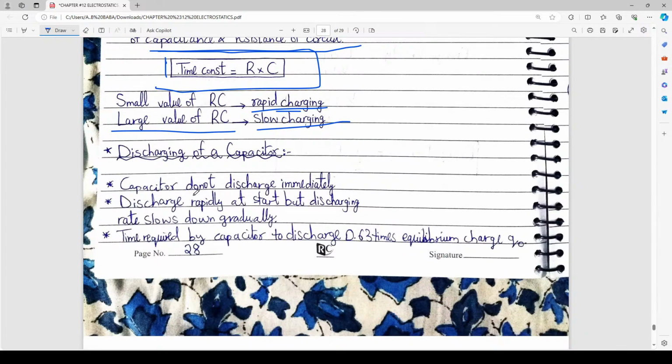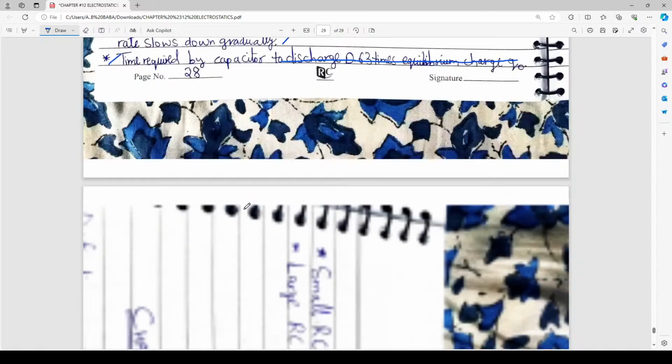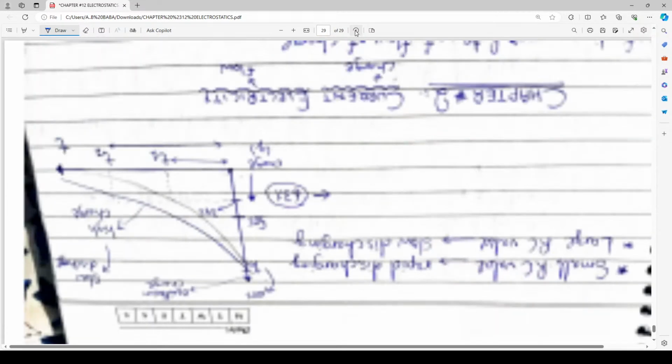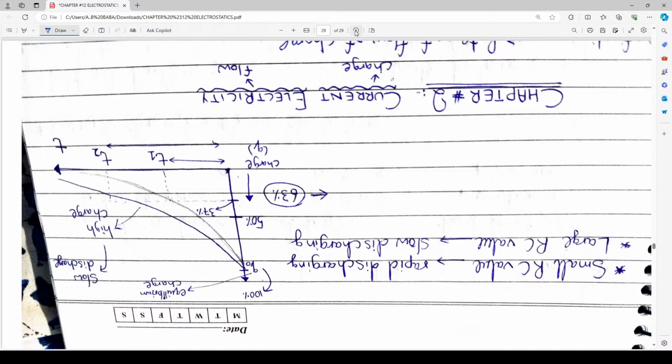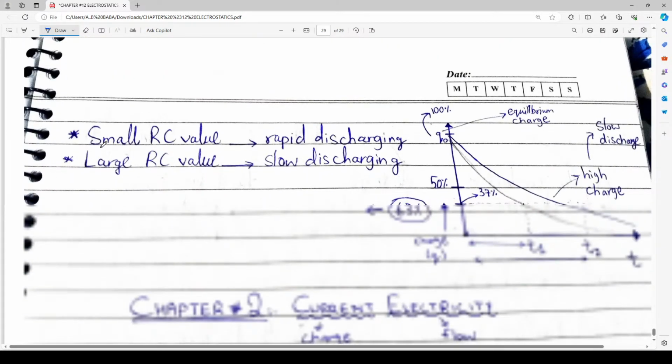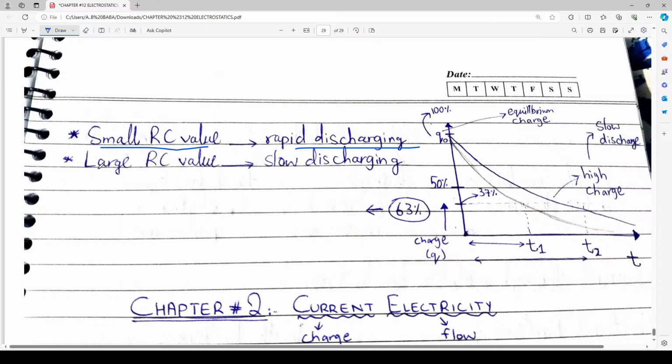Discharging of a capacitor: it does not discharge immediately. It discharges rapidly at the start, but the discharging rate also slows down gradually. The time required by the capacitor to discharge 0.63 times the equilibrium charge Q0. A small RC value means rapid discharging, and a large RC value means slow discharging.